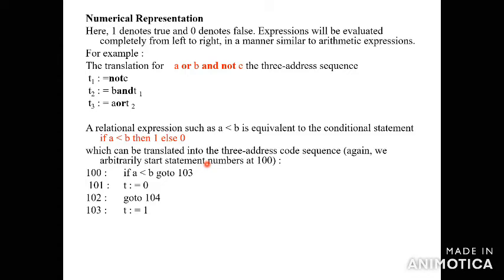For example, here are the normal logic Boolean operators. You can check a relational expression such as A less than B, which is equal to the conditional statement: if A less than B, then 1 else 0. This expression A less than B is followed by some conditional statements.